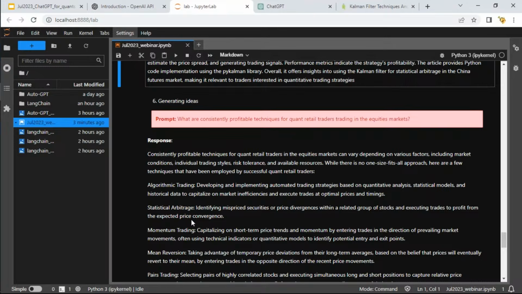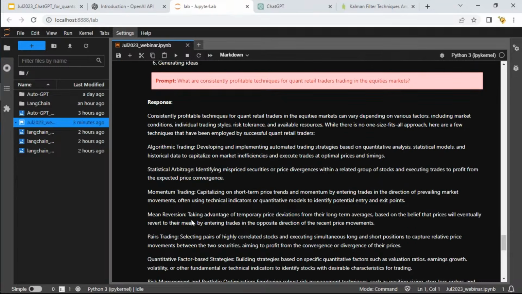It's not going to be able to give you a very clear answer because firstly, you haven't shared enough information. Secondly, there are so many things very specific to your needs which don't get captured in the prompt that you've shared, right? So it starts off saying, profitable techniques can vary depending on things like market conditions, trading styles, and so on.